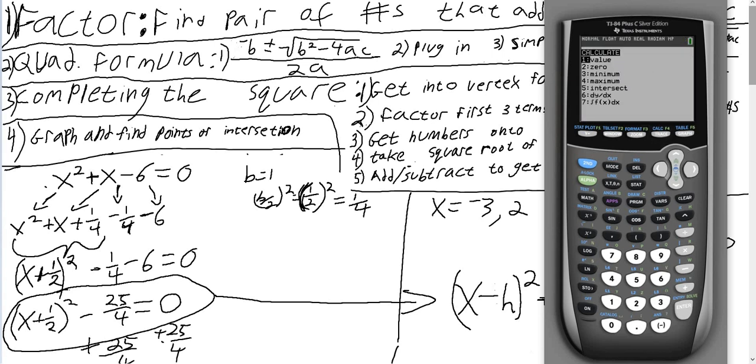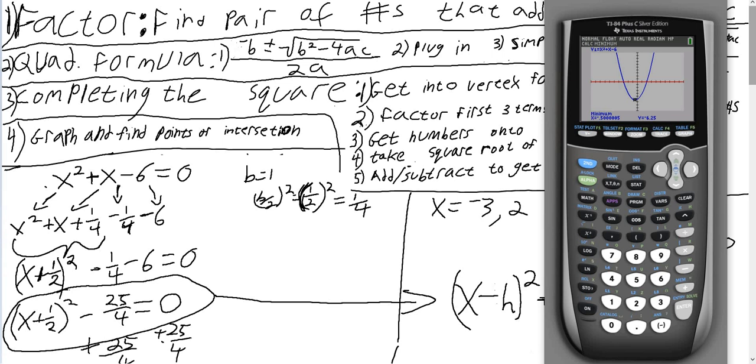Now, instead of intersect this time, we do minimum, which is 3. See over here it says left bound, so we need to go to the left of the vertex, which in this case is the minimum. Press enter. Now it says right bound, so we go to the right of the vertex. Press enter. Then just go close to the middle, you don't have to be exact, and press enter.